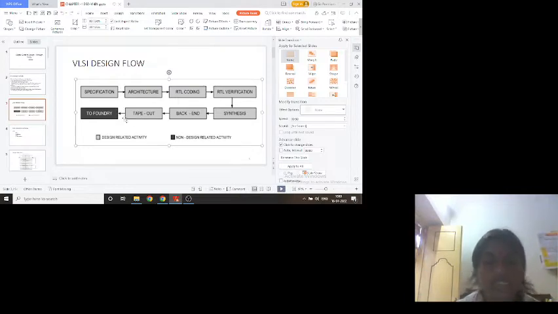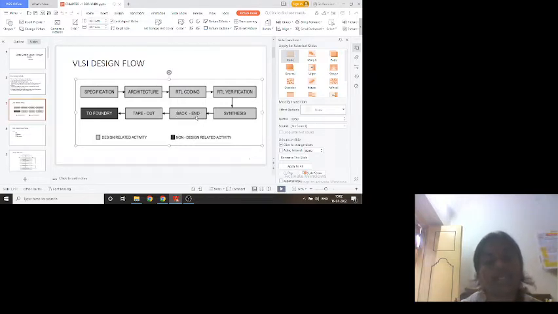The specification, architecture, RTL coding, and RTL verification all come under the front end design part, and up to synthesis we consider it front end, whereas the synthesized design is given to the back end, which is in turn called physical design implementation, where placement, routing, mapping, and interconnects, all these internal tasks, are performed at the back end layout.